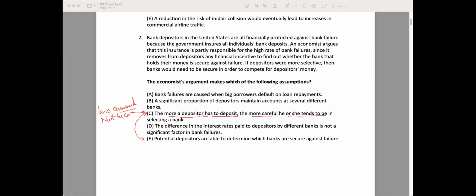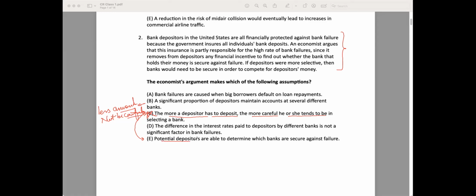But the argument doesn't say whether the amount will decide whether they are secure or not. That's why this option is out. So if they have more to deposit, they'll be more careful. If they have less to deposit, they'll be less careful or not careful at all. That is not part of the argument. The author is not distinguishing between the amount to be deposited, whether it's small or big.